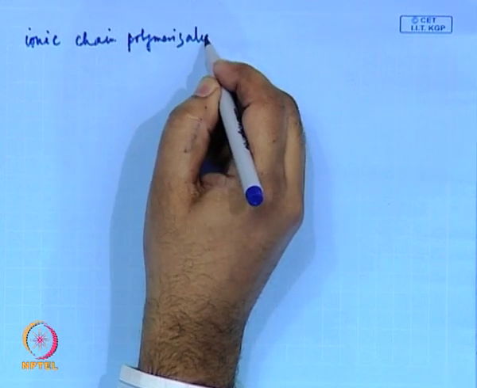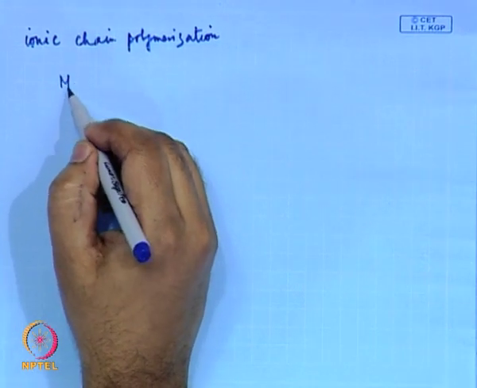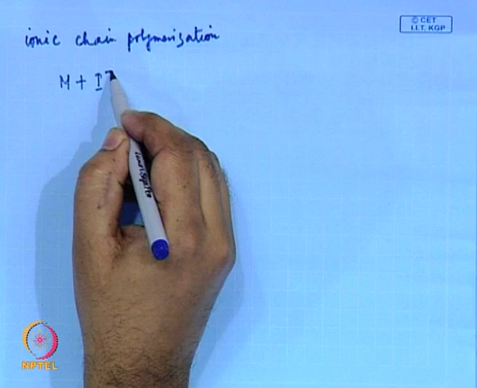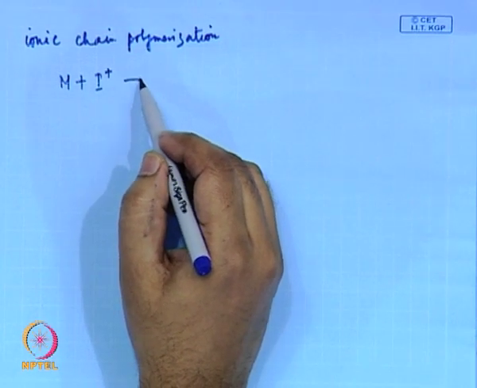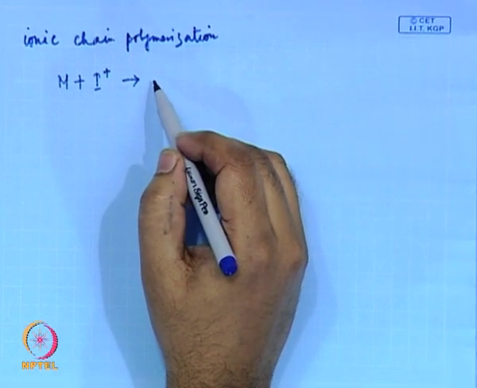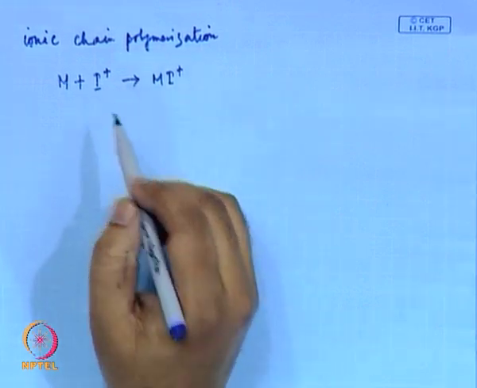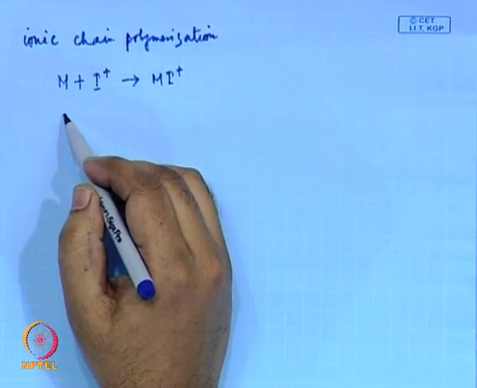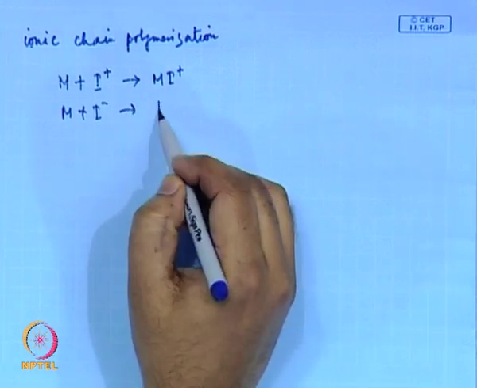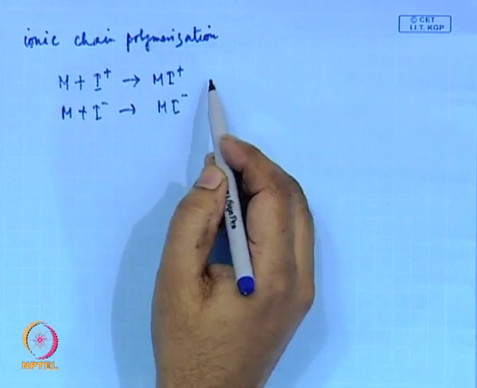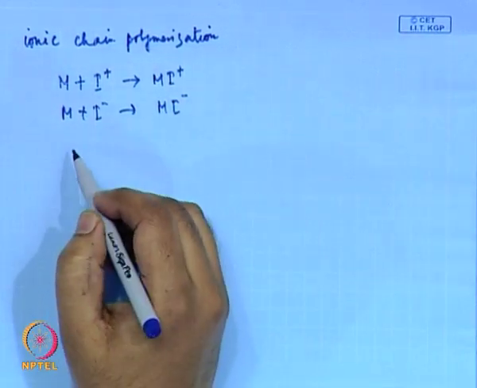Now, as the name suggests, in this case the initiation is from an ionic species, whether it is a cation or anion. Say if I consider M as a monomer and I is the initiator, then it could be a cation or an anion, according to which we name it cationic polymerization or anionic polymerization.